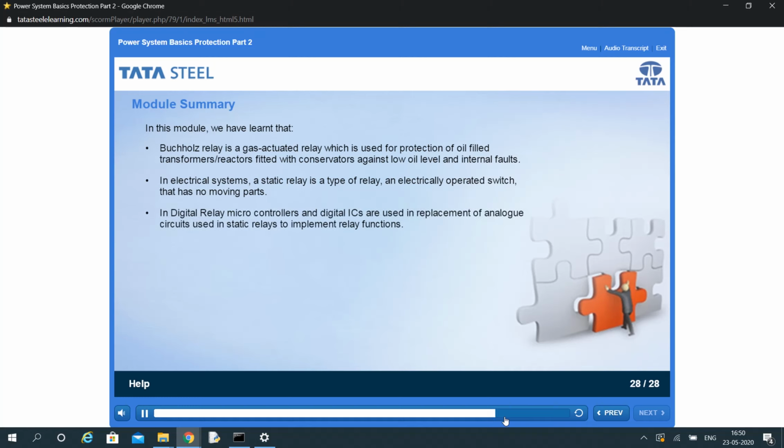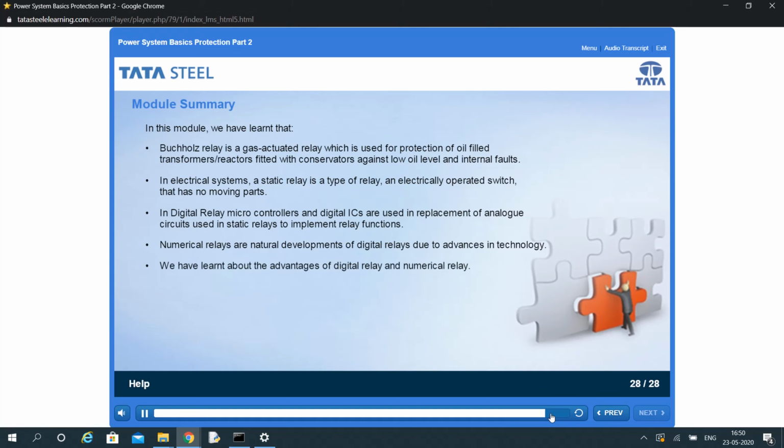In digital relay, microcontrollers and digital ICs are used in static relays to implement relay functions. Numerical relays are advances in technology. We have learnt about the advantages of numerical relay.